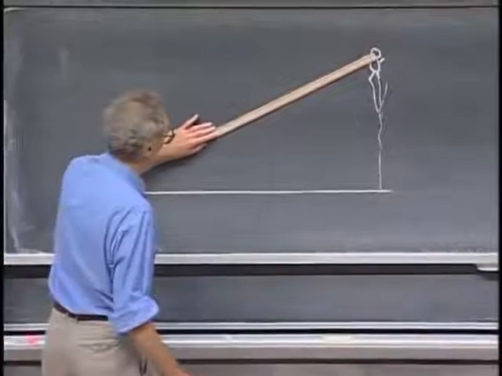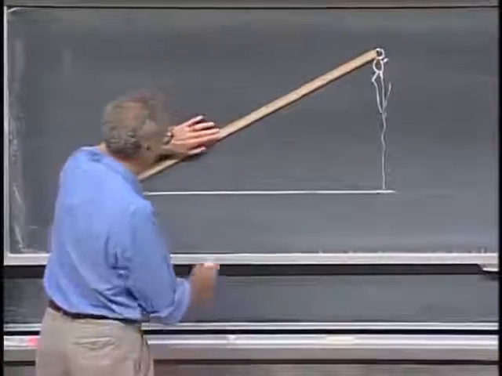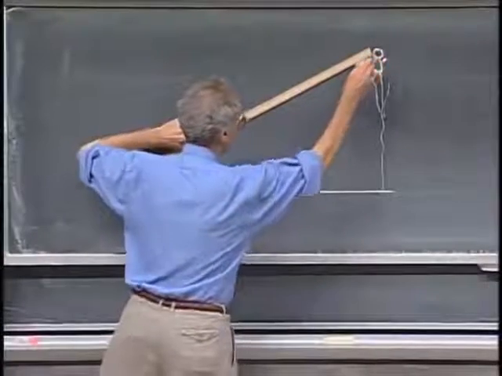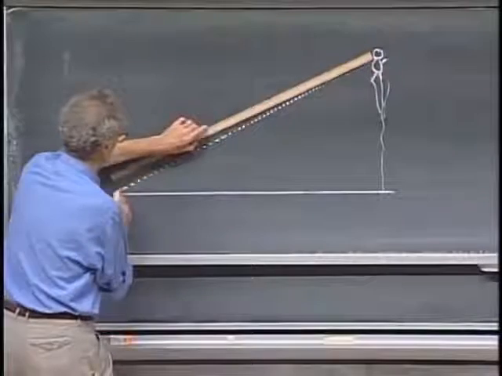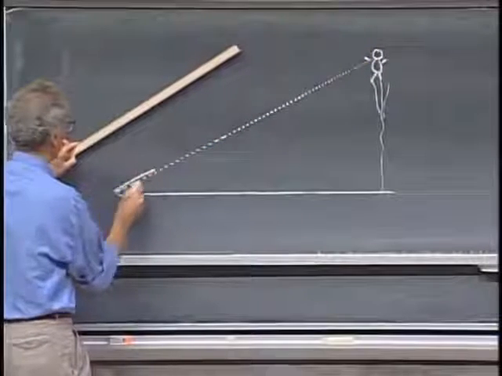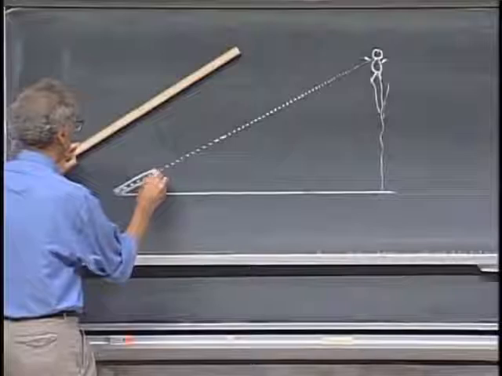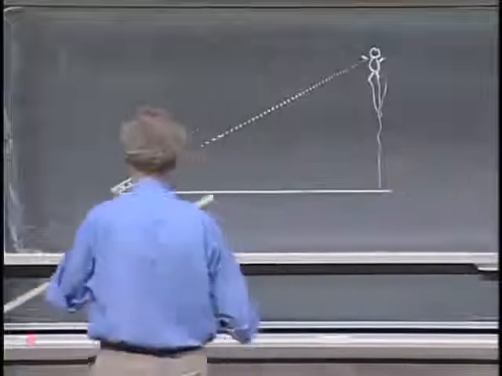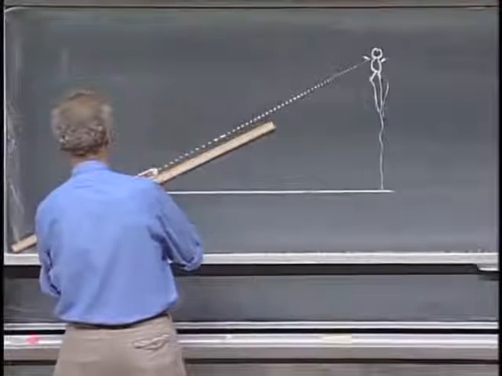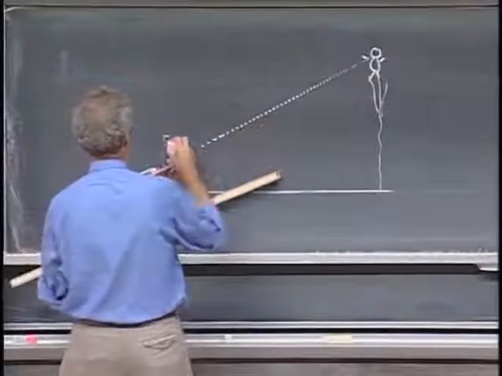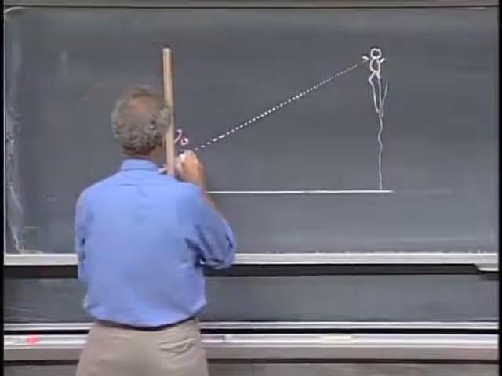and he has a gun which is a golf ball gun, and he aims that gun right at the monkey. He shoots it with a certain velocity, the golf ball. Let this be the speed, v0.